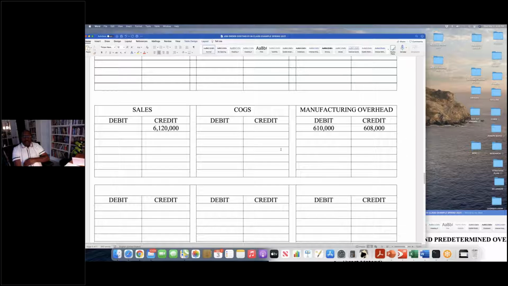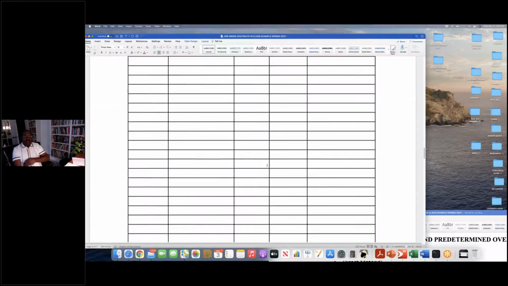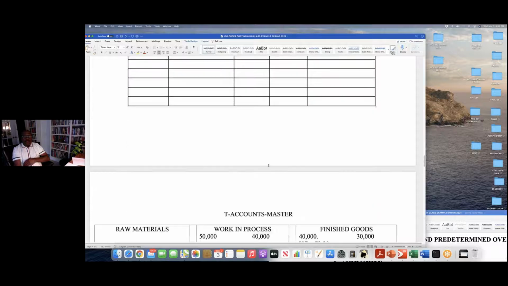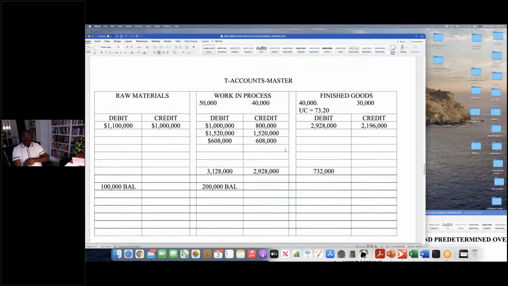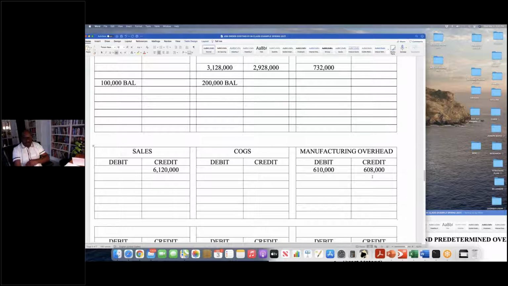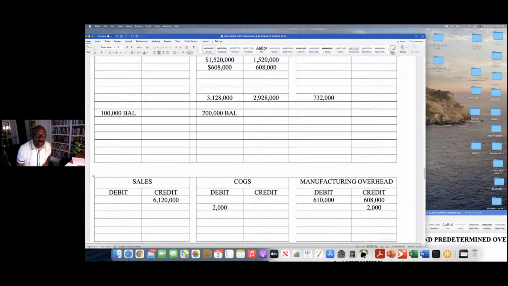So when we post it, we have another 2,000 credit in here, and that closes this estimated account out. We need a $2,000 debit here. And what else do we need in this account?